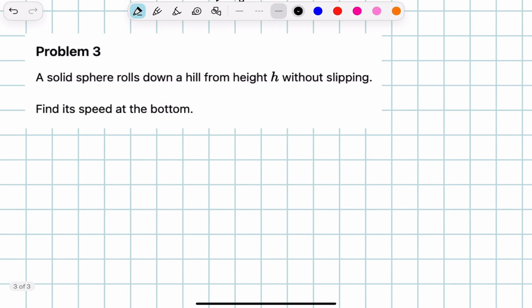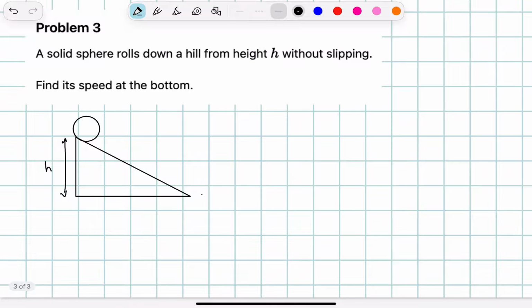A solid sphere rolls down a hill from height h without slipping. Find the speed at the bottom. Let's make a triangle. You have a sphere that rolls down the hill from height h, and there is no slipping, and you want to find VF. We can use energy conservation. The initial energy is the potential energy, the only form of energy up there, which is equal to mgh.